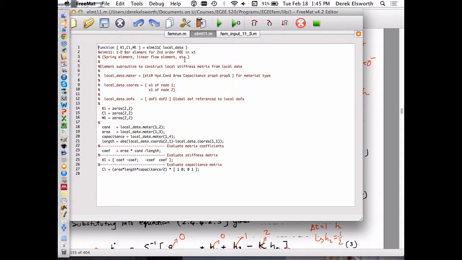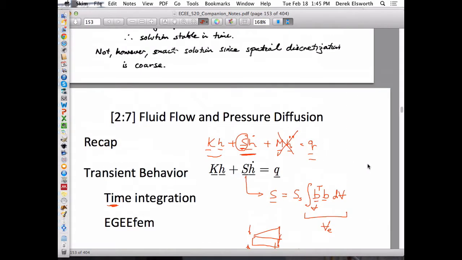And so this is the element matrix. We looked at this before. So it sends backwards and forwards potentially these 3 matrices. The conductance matrix, the capacitance matrix, which is our storage matrix, and the mass matrix, which doesn't exist in this particular case. It's these ones that we first mentioned here.